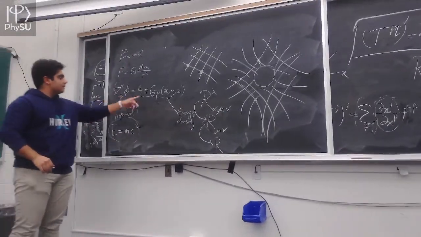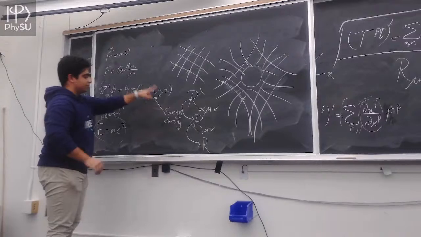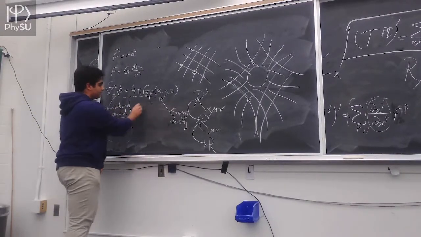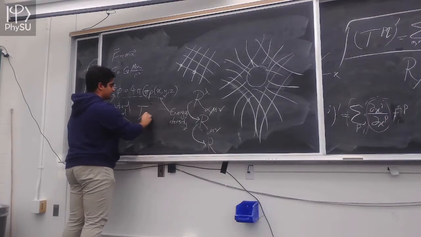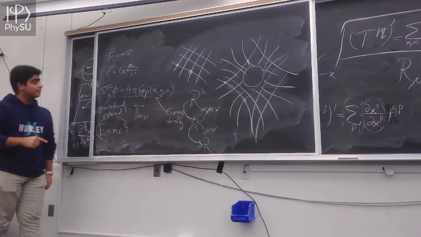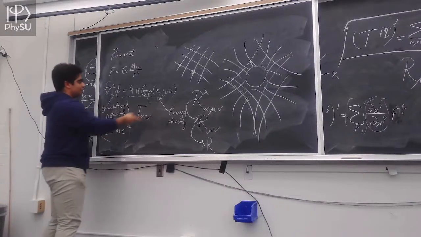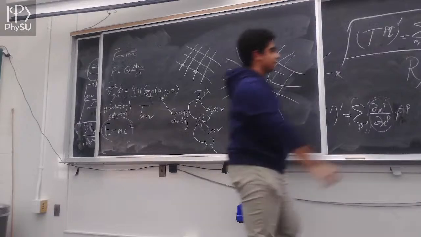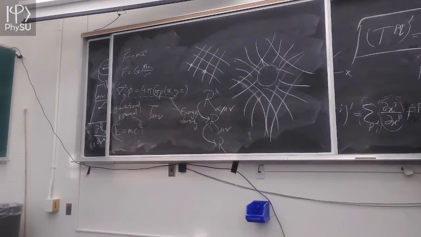What about the right side? The right side talks about energy, right? So we use a tool called the energy momentum tensor, T mu nu. And it happens that this right-hand side would turn to something like this.